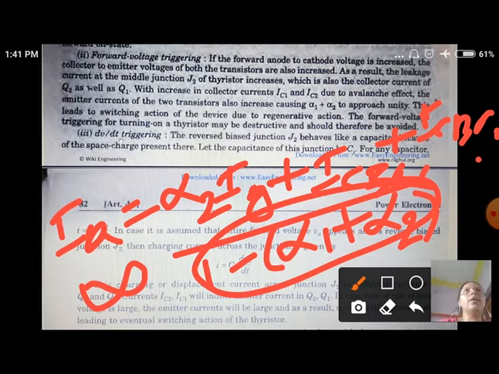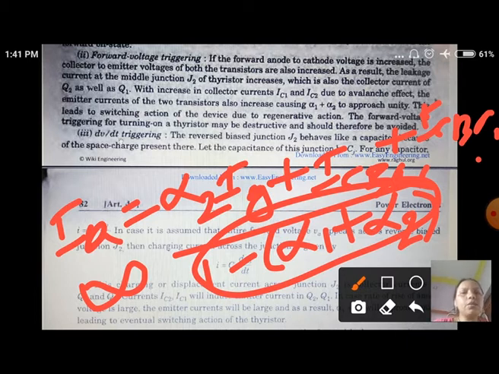So here the current level is high, the voltage level is high, so obviously heat dissipation is also higher, which may destroy the device during its operation. So this method of triggering, that is forward voltage triggering, should be avoided.